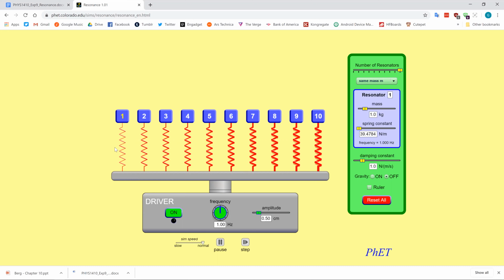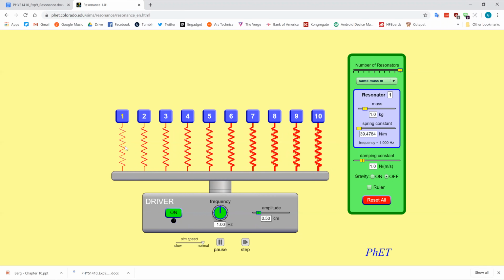So using that information, that K is the smallest for 1 and K is the largest for 10, with the same mass, what you want to do is go back and look at your mass on a spring resonance and figure out which one of these will have the highest frequency based on the difference in the spring constant.